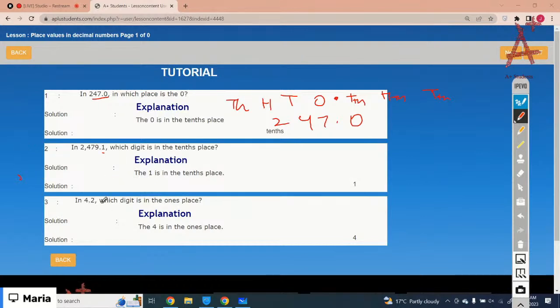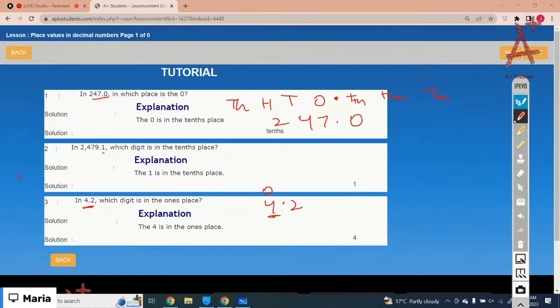Okay, in 4.2, which digit is at the ones position? So in 4.2, 4 is at the ones position.